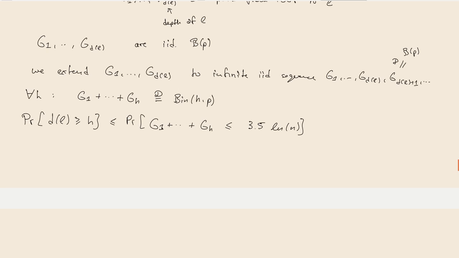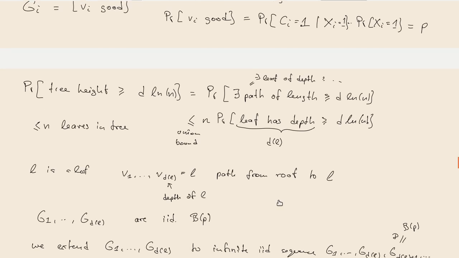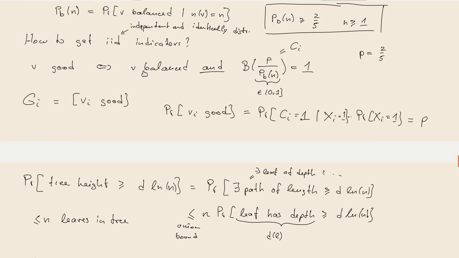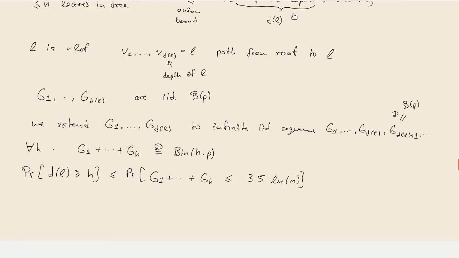Because the sum is the number of good nodes. And every good node is also a balanced node, because a good node was one that is balanced and additionally has this lucky coin flip that succeeded. Good means balanced and something else.